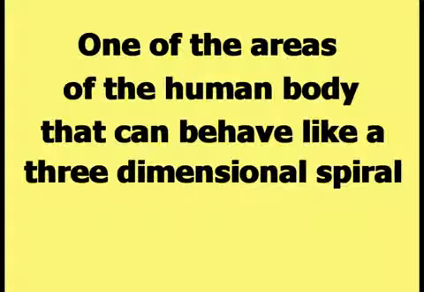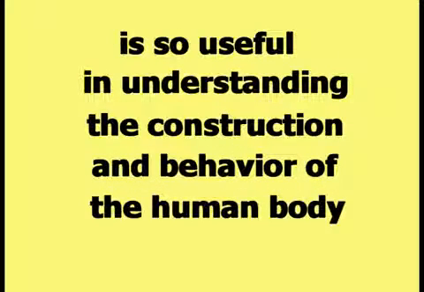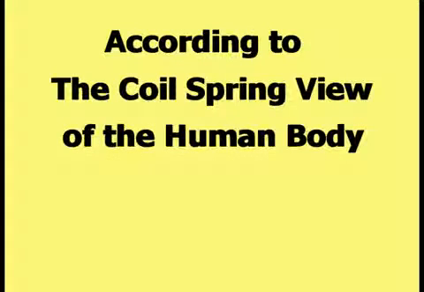One of the areas of the human body that can behave like a three-dimensional spiral is so useful in understanding the construction and behavior of the human body that it has been given its own name. According to the coil spring view, the human body can be treated as two spirals located as shown in this picture.